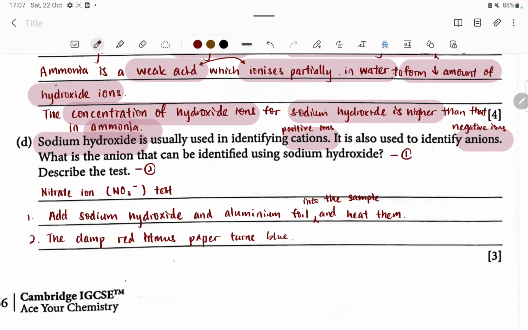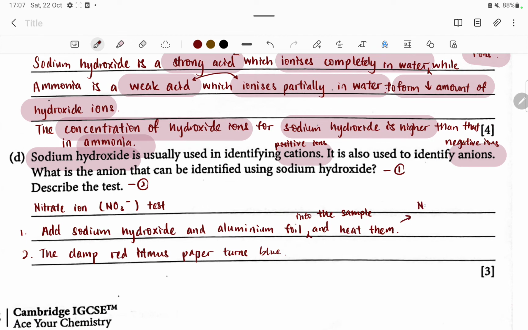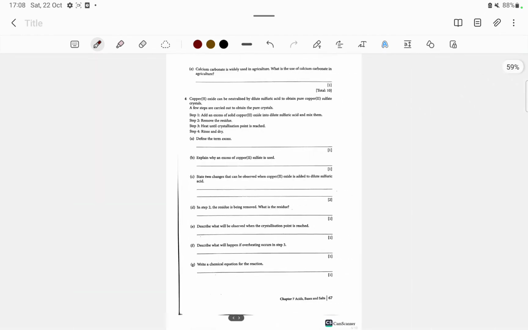Because this one, when they heat the mixture of nitrate ions, sodium hydroxide and aluminium foil, actually ammonia gas is produced, NH3 gas. And NH3 is alkali. So it will turn the red litmus paper into blue color. So this is your first line, first point, second line, second point. Third line will be a third point. Okay, and then E.